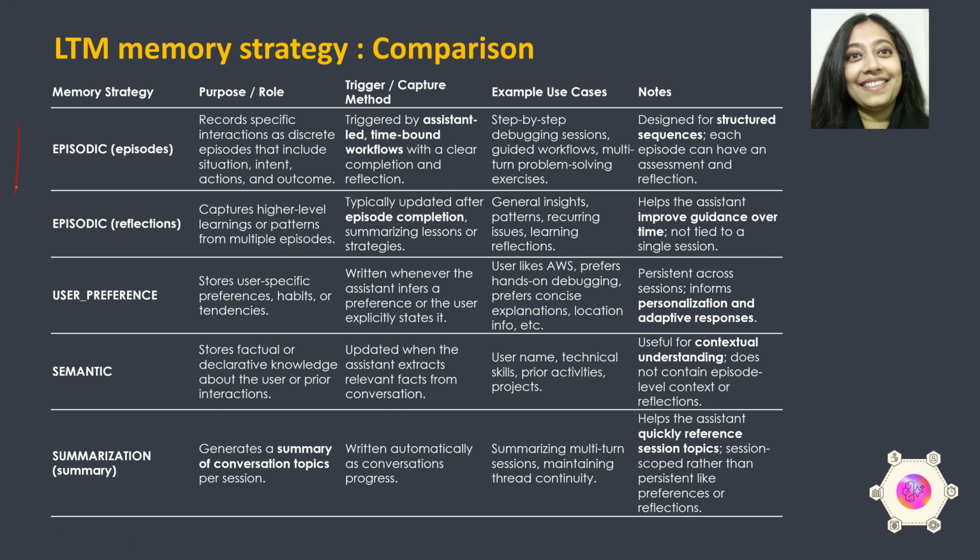Now comes episodic. Episodic, as we discussed, has episodes and reflections. Episodes are nothing else but multiple interactions, picking these interactions and talking about the situation, the intent, the actions, and the outcome. So it will record these specific interactions, consolidate them, and store them. And remember that episodic memory is agent-led.